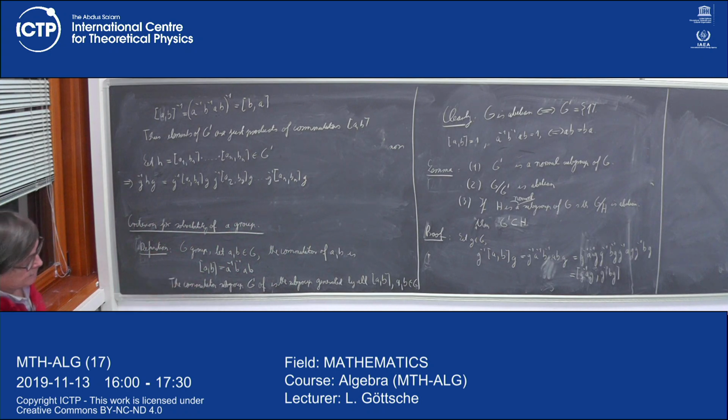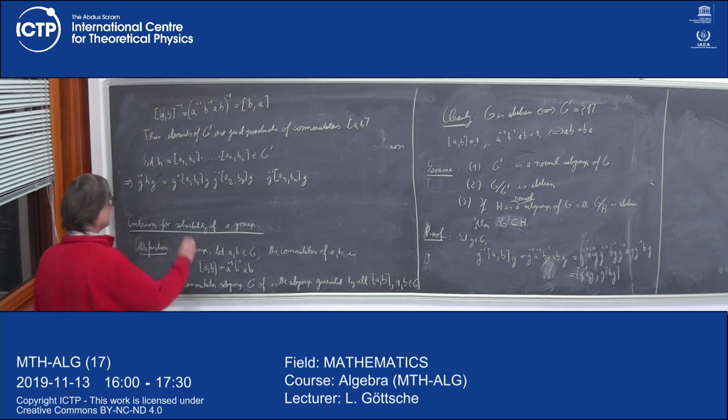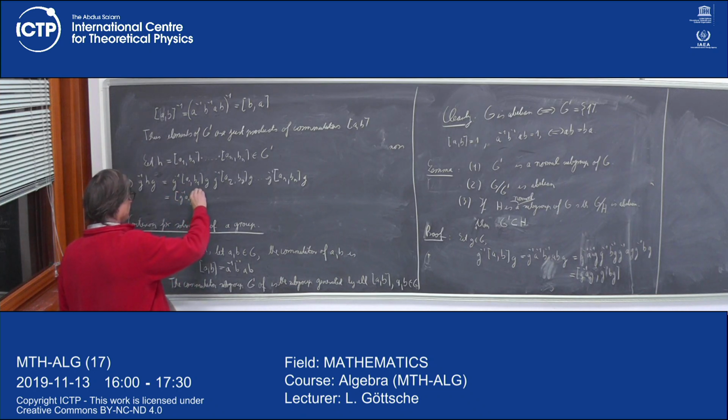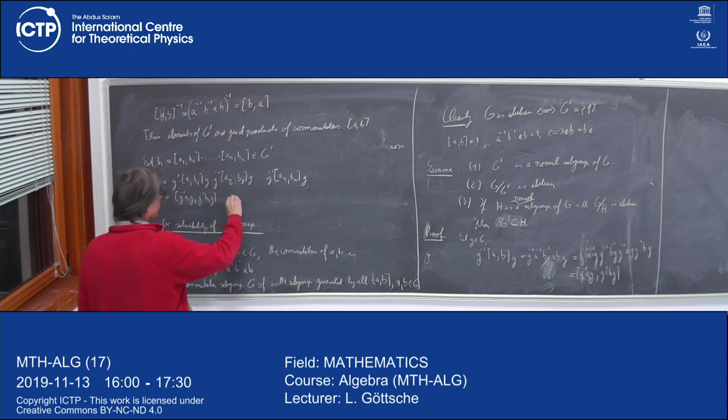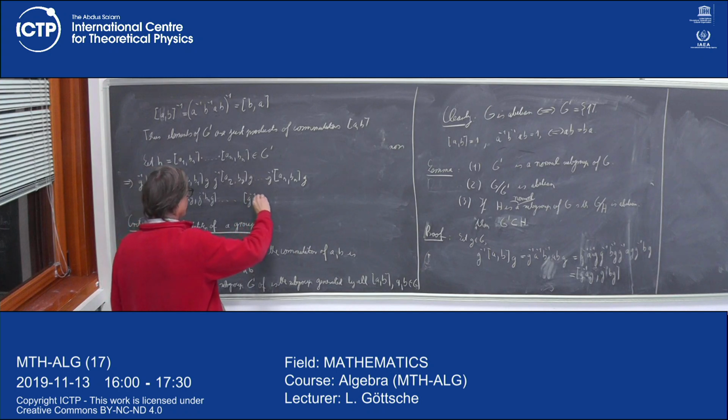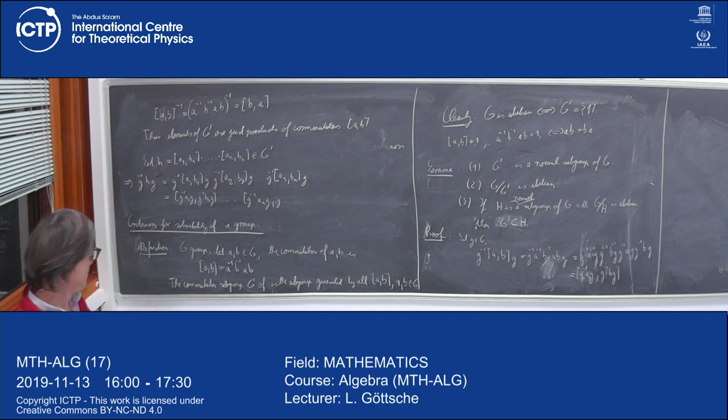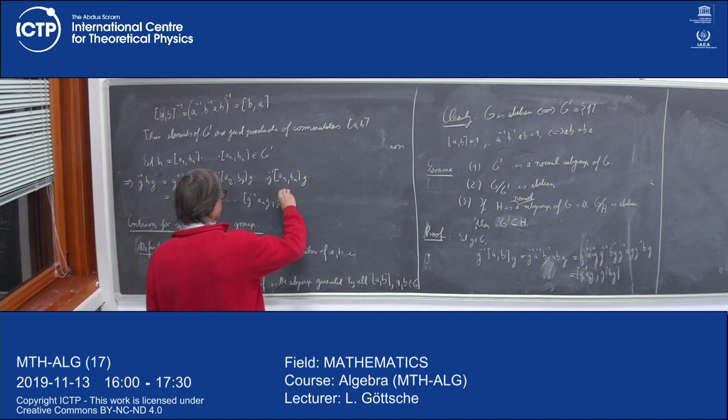And as we have seen, we can pull it inside. This is equal to g^-1 a1 g, g^-1 b1 g, and so on, until g^-1 an g, g^-1 bn g.